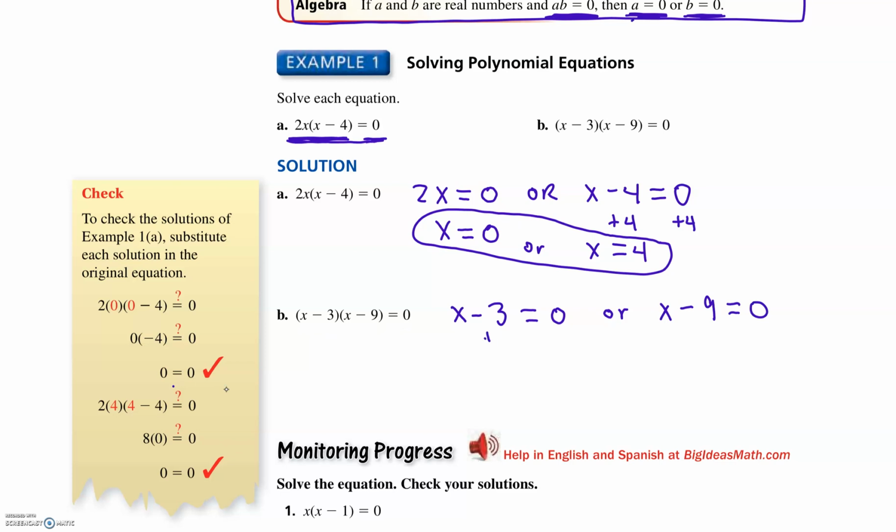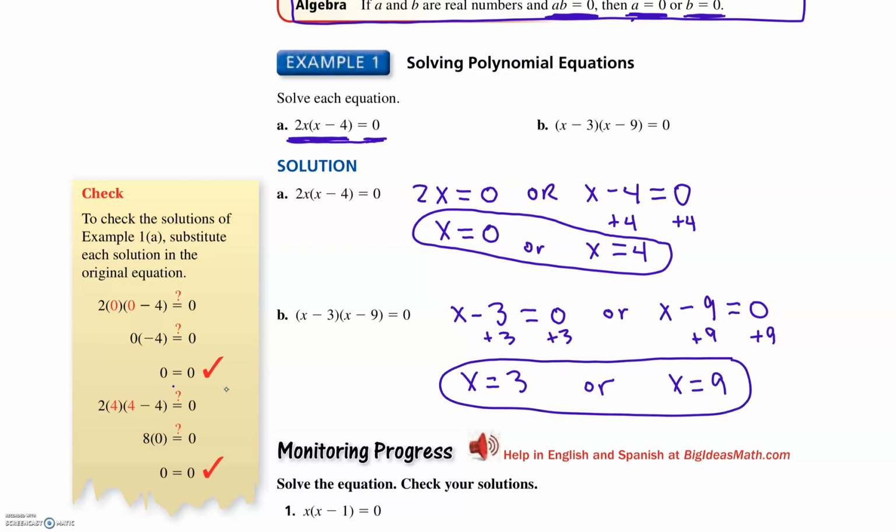We add 3 to both sides of this. We find out that when x is 3, the first factor is 0. Adding 9 to both sides, we find out that if x is 9, that factor of x minus 9 will be 0. And we come up with our two solutions.